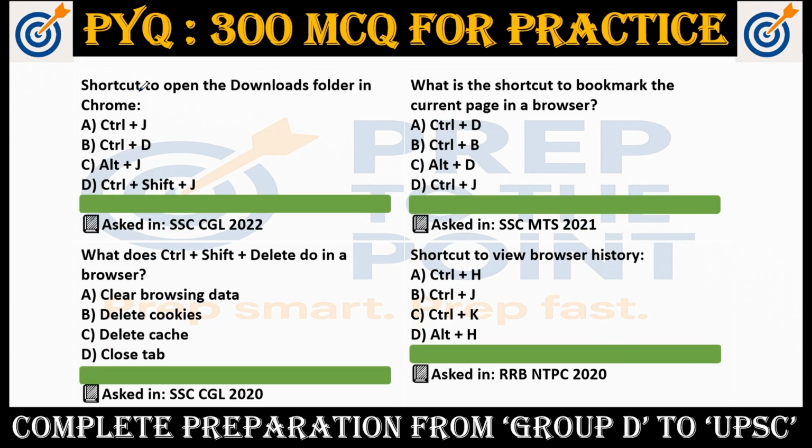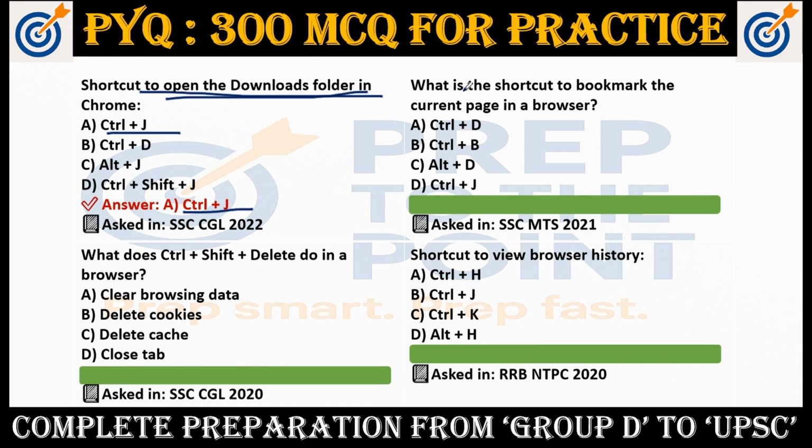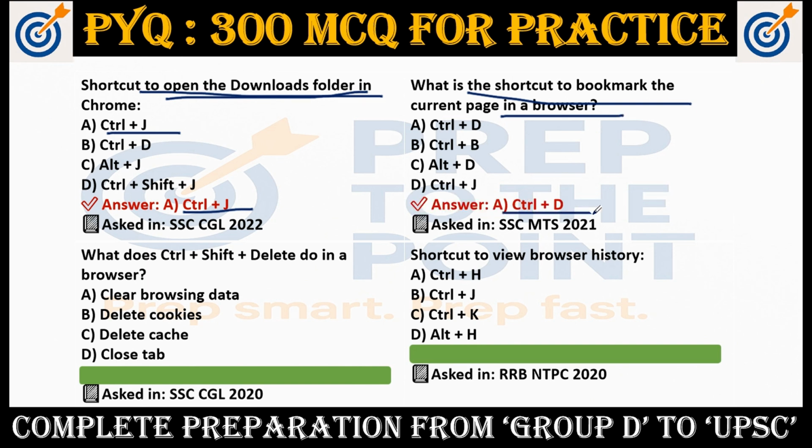Shortcut to open the downloads folder in Chrome. Control plus J to open the downloads folder. What is the shortcut to bookmark the current page in a browser? Control plus D to bookmark the current page. What does Control Shift Delete do in a browser?